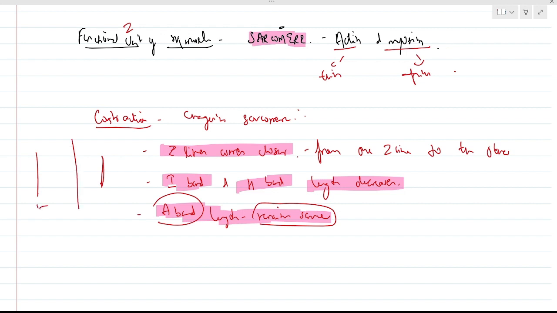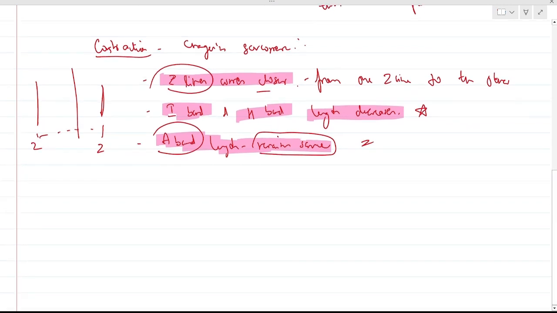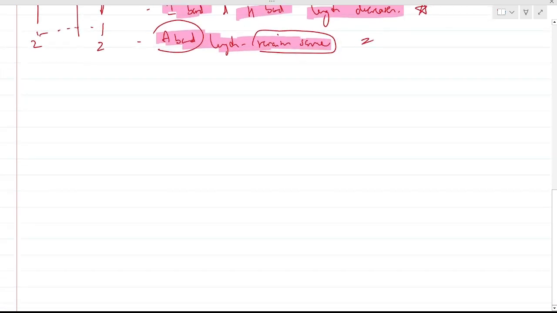So on contraction, Z lines come closer and the length of the sarcomere decreases. I band and H band length decreases, but A band length remains the same. These are the features of contraction of the sarcomere.